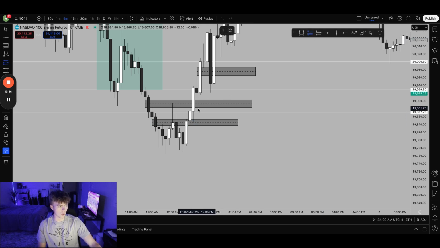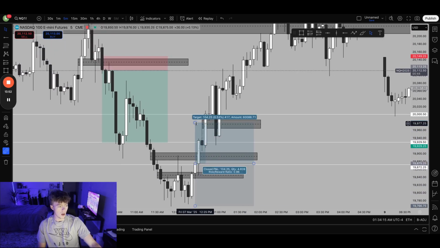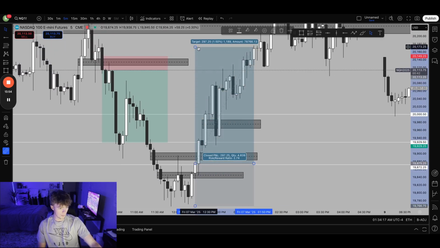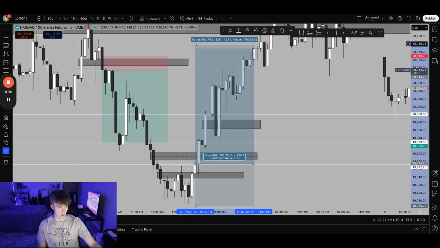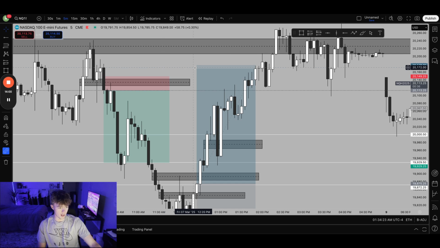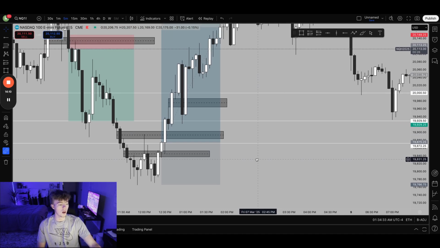So we got a candle closure right here, right above this. This one didn't quite close. We might enter a long off of here with stops below these lows, and then target potentially these highs over here that were created, right? So now we're hitting a nice 3RR because we saw that candle closure right above this fair value gap. And it was most recent. That's why it's more important than this one, because this one was more recent, right?